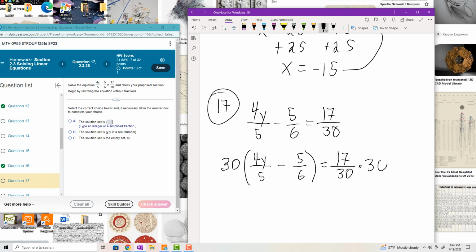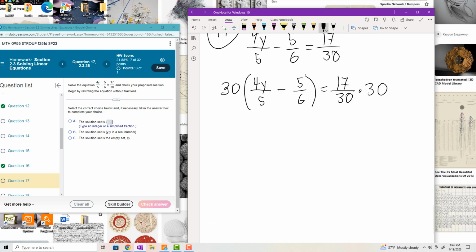Okay. So anyways, first on the left side, we want to distribute this 30. And the way I think of it is just 30 divided by 5 is 6, and then 6 times 4 is 24. So that's the first multiplication, right? That would be this multiplication. 5 goes into 30 6 times, 4 is 24.